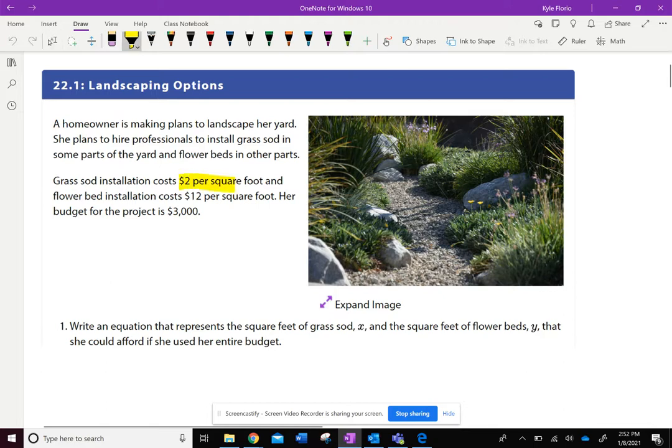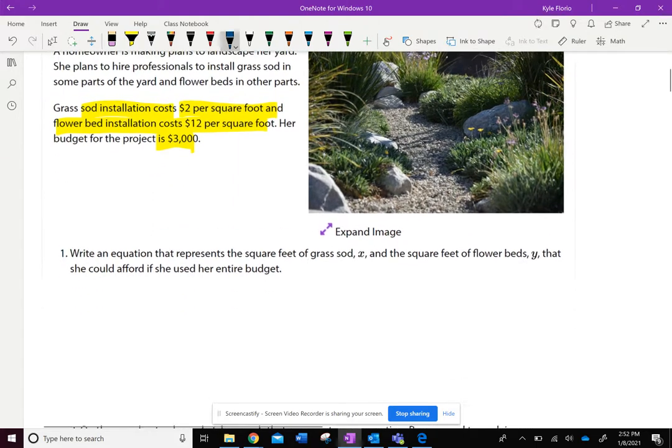So we have $2 per square foot of sod. The flower beds are $12 per square foot, and she has three grand to spend. Write an equation that represents the square feet of sod X and the square feet of flower beds Y that she could afford if she used the entire budget. So X, they just told us here, is the square feet of sod.